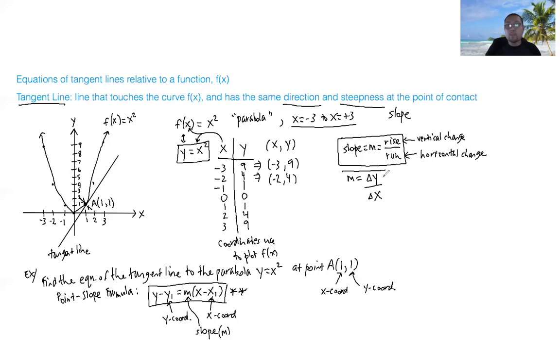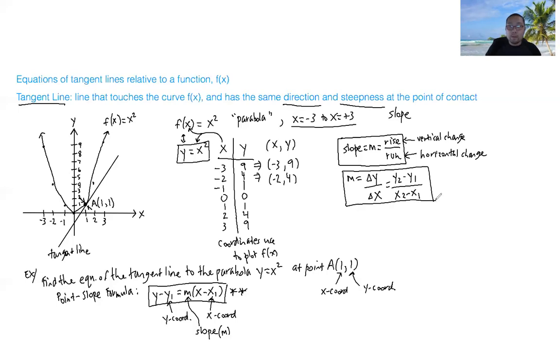So generally, in order to calculate your slope, you're going to have two coordinates.